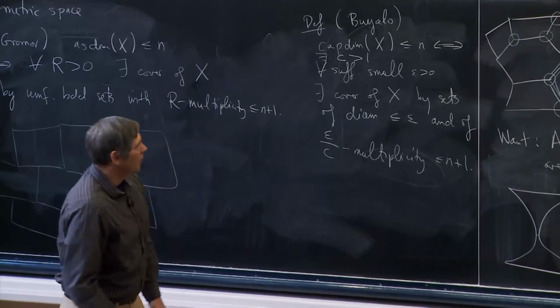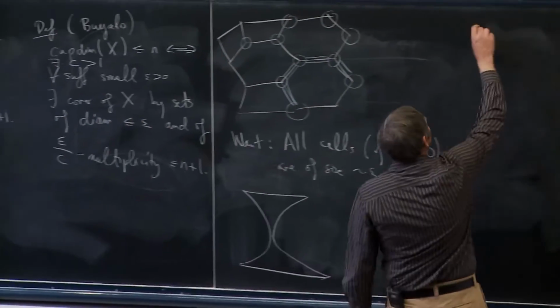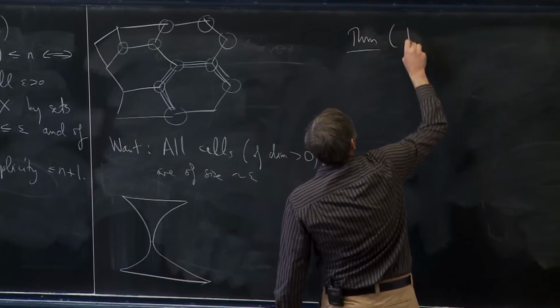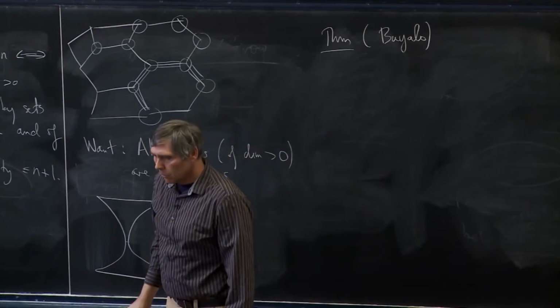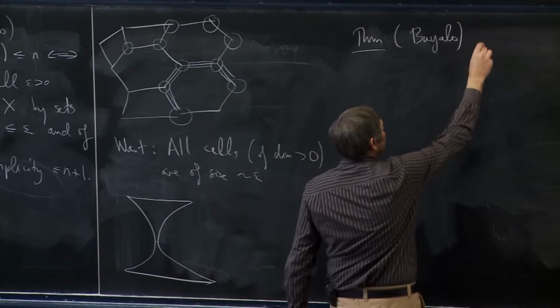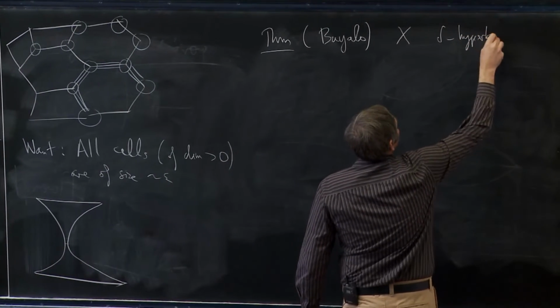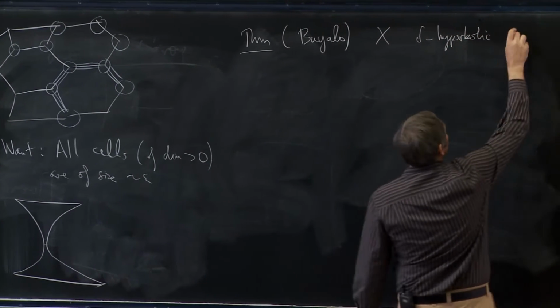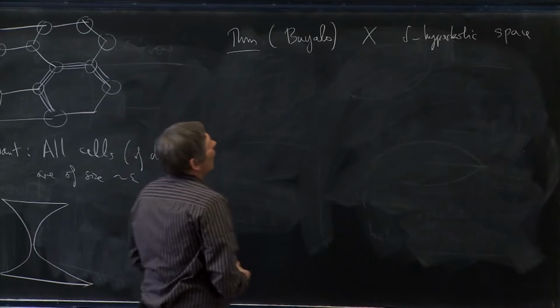Now the theorem that relates these two notions is the theorem of Buyalo, which says that if you have a hyperbolic graph, so let's say x is a delta hyperbolic space or graph space. For us, it's just going to be a graph, which is delta hyperbolic.